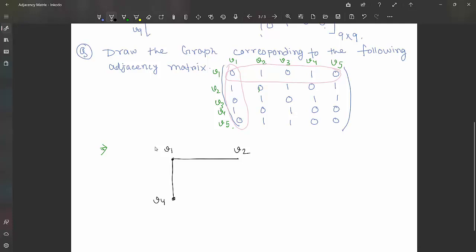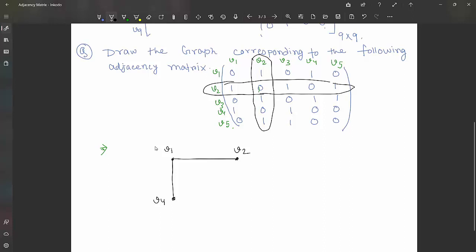Now from V1 go to any of these vertex rows. So now we are going to the V2 vertex. Now we see the relationship in V2. Just again take the V2 row and the V2 column. Now see it: V2 is adjacent to V1, V3 and V5. So here also V2 is adjacent to V1, V3 and V5.